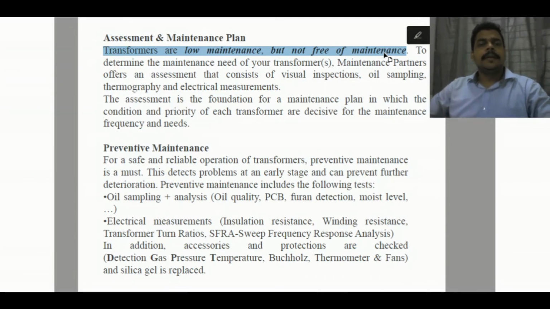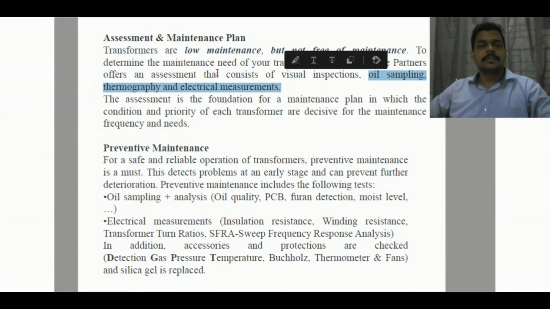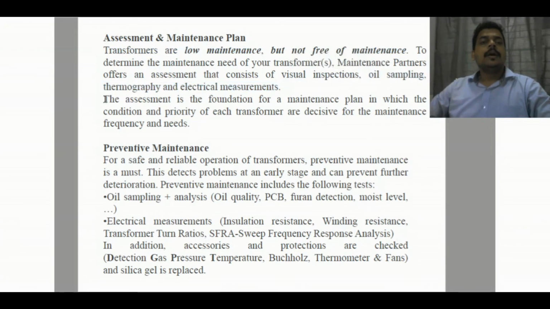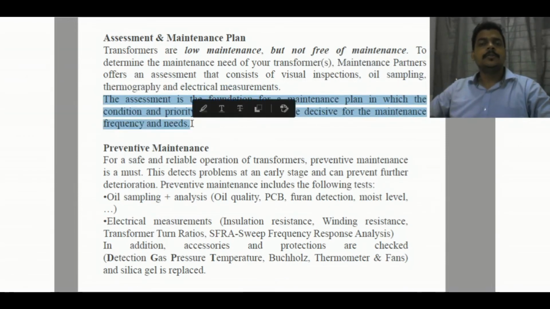To determine the maintenance need of our transformer, maintenance partners offer an assessment that consists of visual inspections, oil sampling, thermography, and electrical measurements. The assessment is the foundation for a maintenance plan in which the condition and priority of each transformer are decisive for the maintenance frequency and needs.